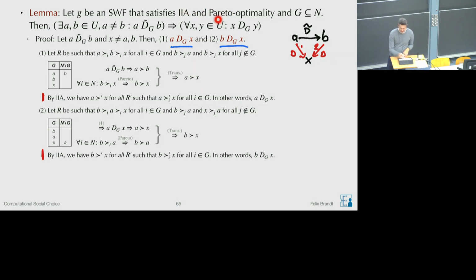So in general it doesn't have to be, but it follows from what we have shown that this decisiveness relation is complete and symmetric, and that means that between any pair of alternatives, the same group is decisive. This is what we want to show in the theorem, so this brings us exactly to what we want to show in the end. We want to show that for any pair of alternatives, the same group is decisive for x against y. And by having shown these two statements, it follows quite straightforwardly that this has to be the case. So this relation DG here is symmetric, and it is complete.